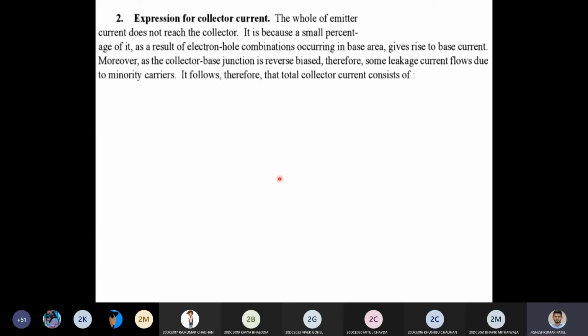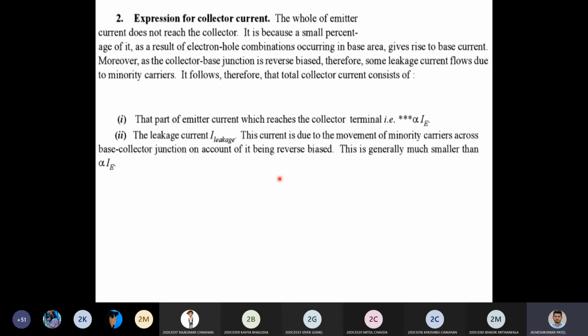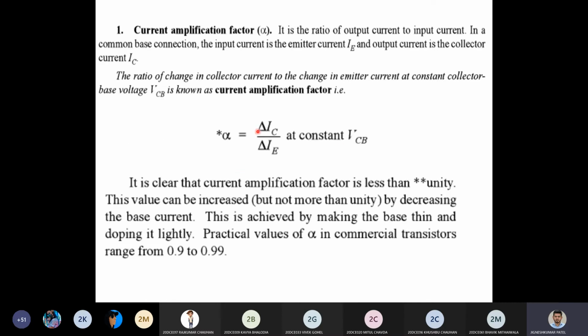So it flows. Therefore, the total collector current is actually not a single current, but two currents. A part of the emitter current, which is alpha into IE. Why alpha into IE? Because alpha is IC by IE, so IC is alpha into IE.